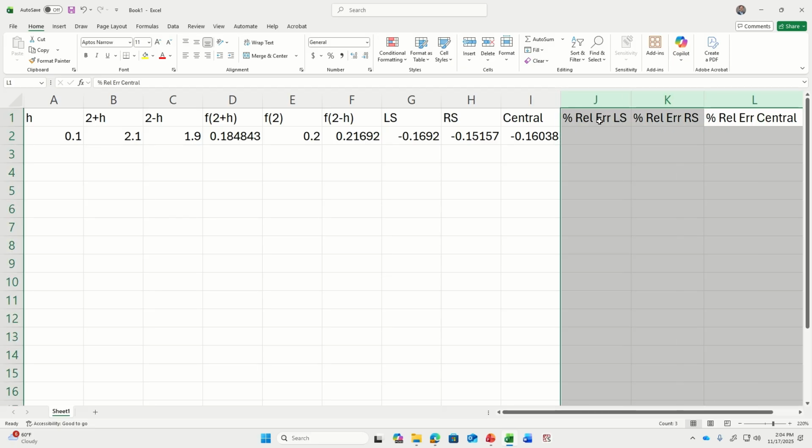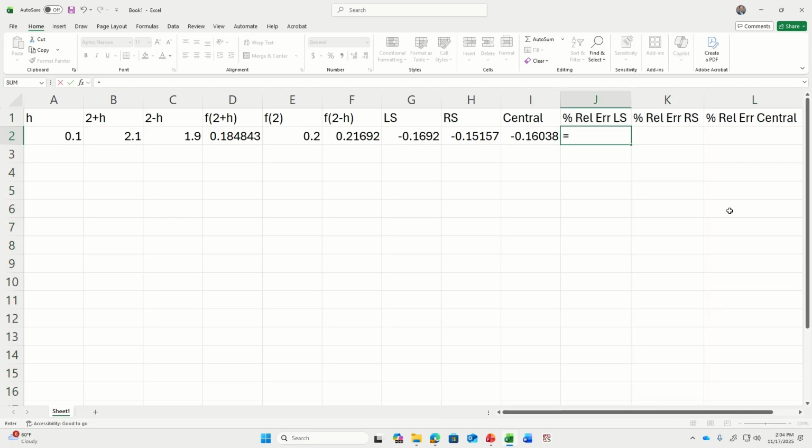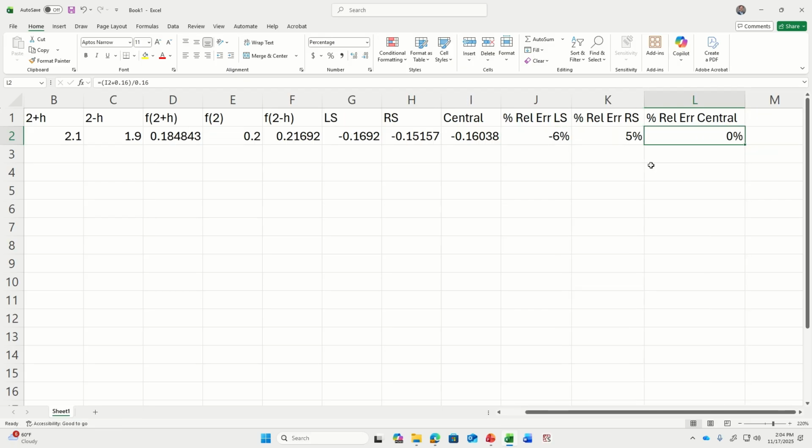And to get the percent relative error, I'm going to take the approximation minus the true value. What was the true value? 0.16. Negative 0.16. And divide by the true value. Make it a percent. And then, there we go.